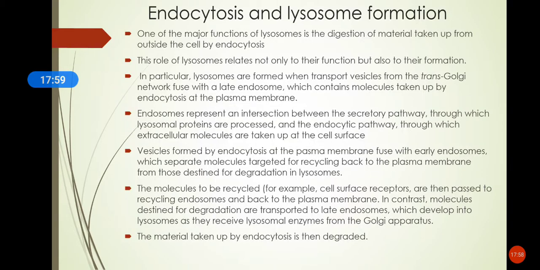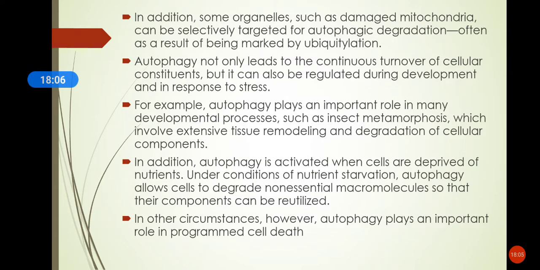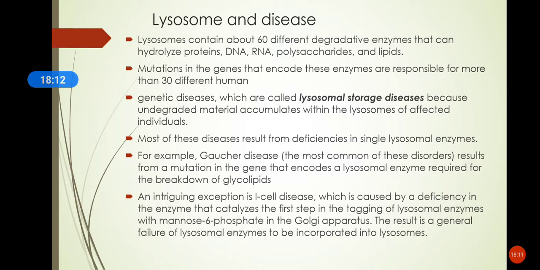We discussed their functions, mainly endocytosis and autophagy. Autophagy is also related to many other important roles. And lysosomes are associated with diseases called lysosomal storage diseases. Examples are Gaucher disease and I-cell disease. So that is about lysosomes.